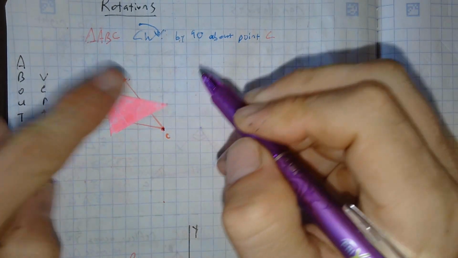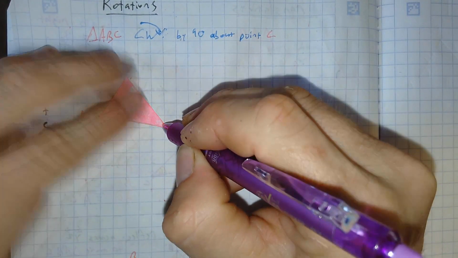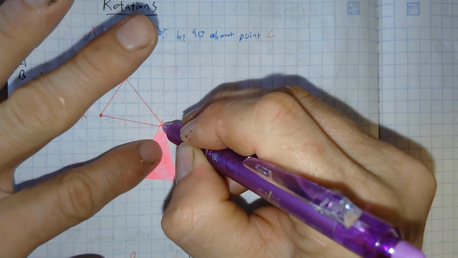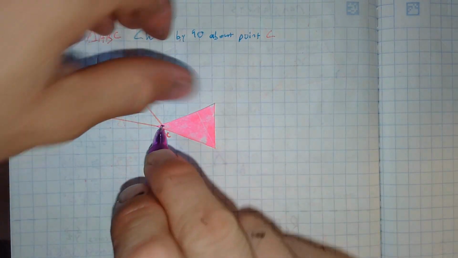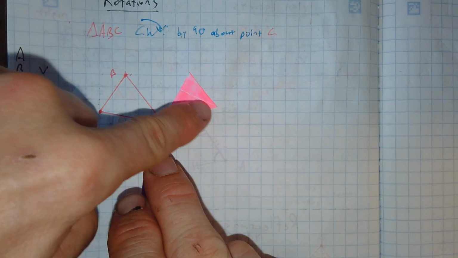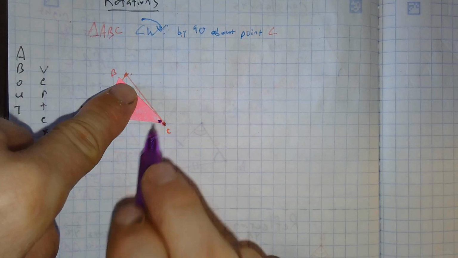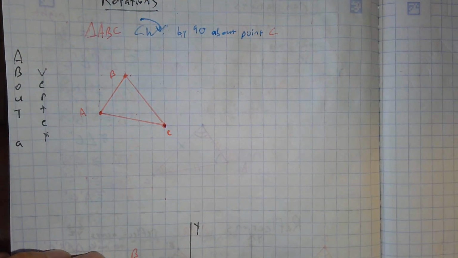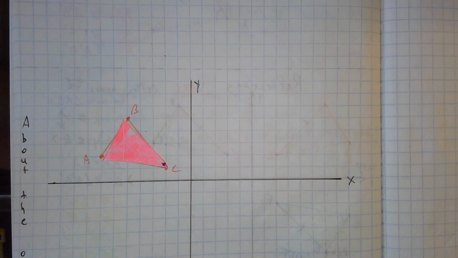In that case, if I rotate it like this, the point C stays planted while the rest of it rotates about point C. So point A and point B rotate about point C. Another way is rotation about an origin.